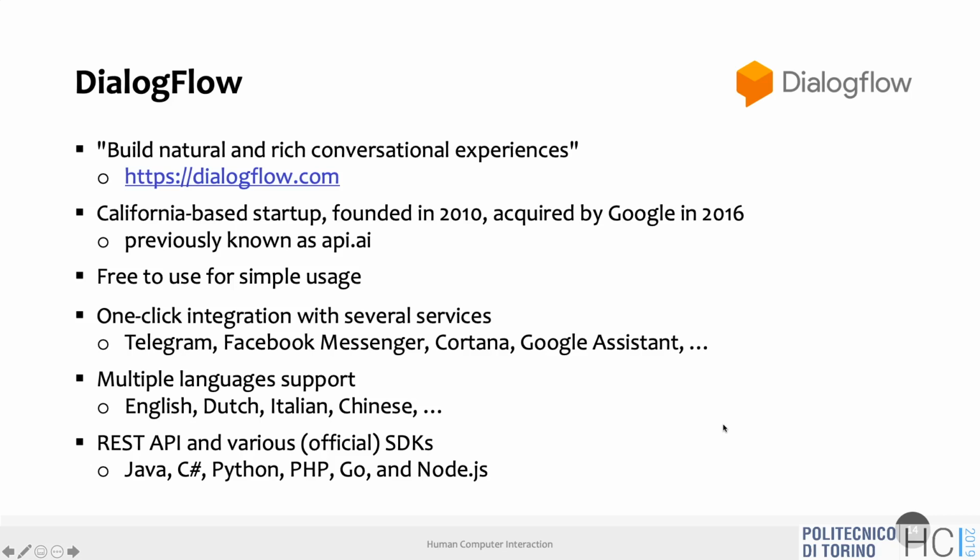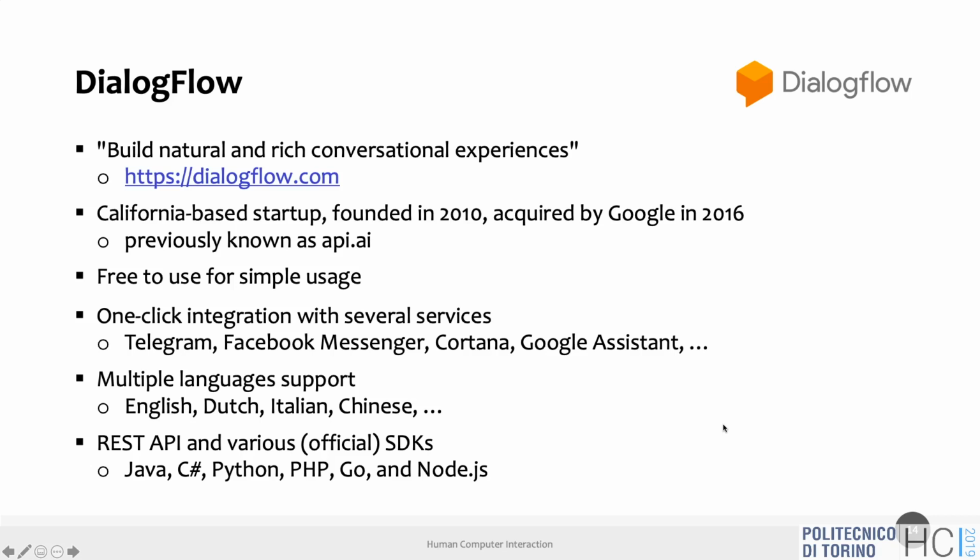For some operations, you need to put your credit card in the Google Cloud services, even if it's free to use, but that's it. And it has different services, like for instance the one-click integration with Telegram, Facebook Messenger, Google Assistant, Cortana, and so on.